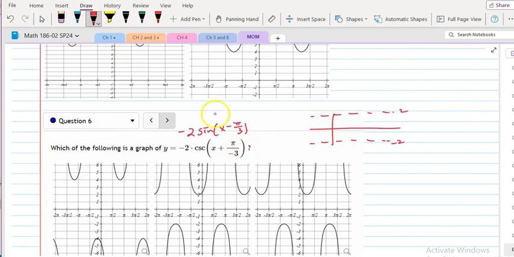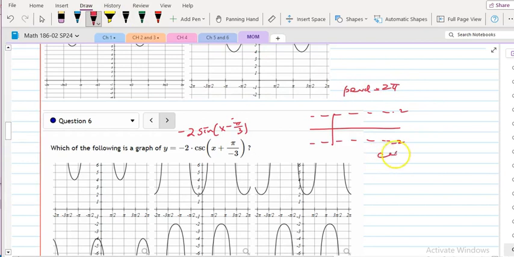The period used to be 0 to 2 pi, but because you shift right pi over 3, the one cycle period is 2 pi.